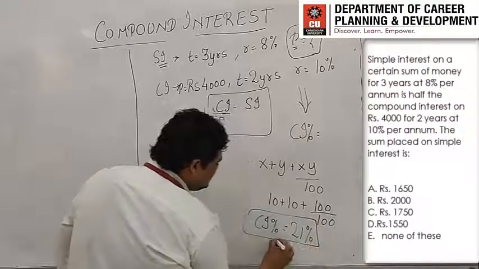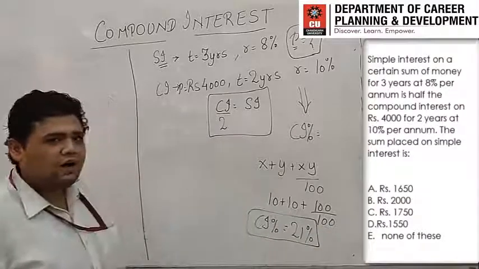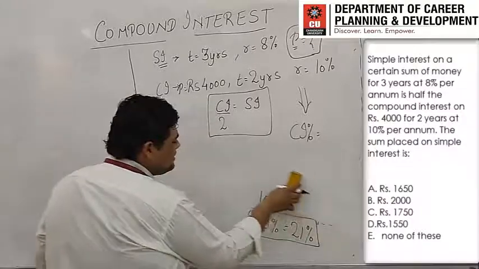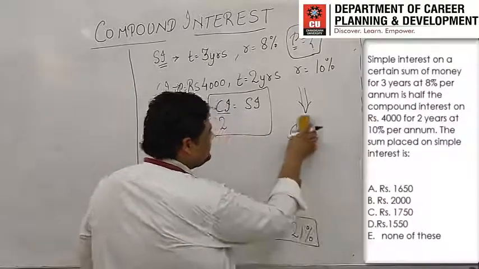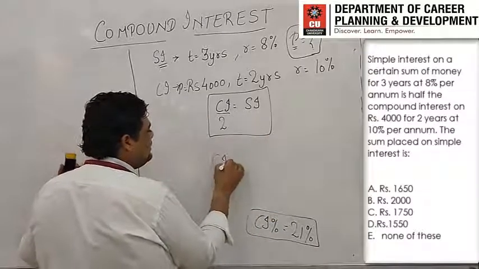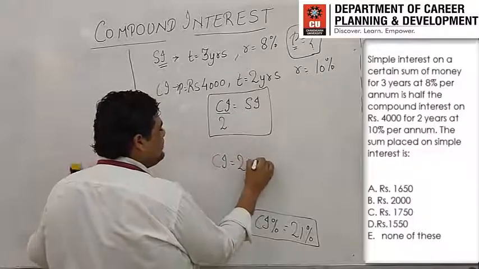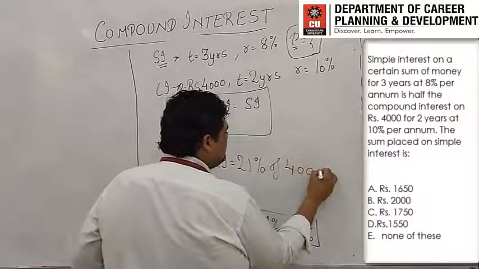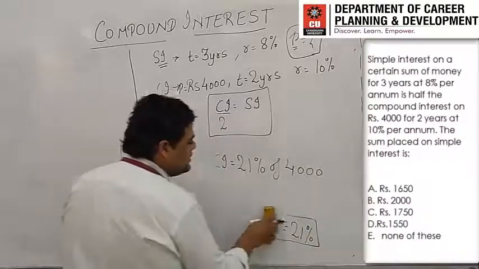This is the CI in percentage, 21%. Now, knowing the CI in percentage is 21%, the exact value of compound interest will be 21% of the principal given to us, that is 4,000.